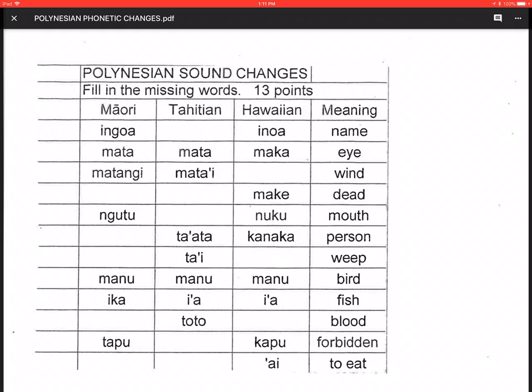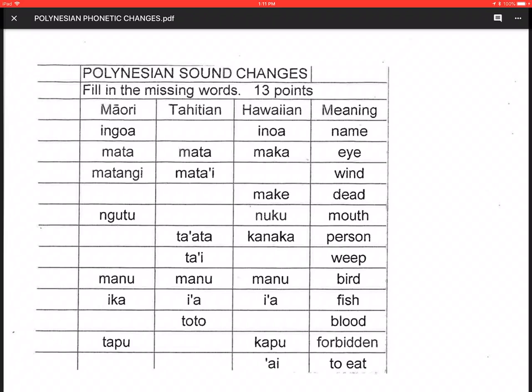That's a glottal stop, which is what the apostrophe is telling us. You don't really need to know what that is, but it's a different consonant from ng.